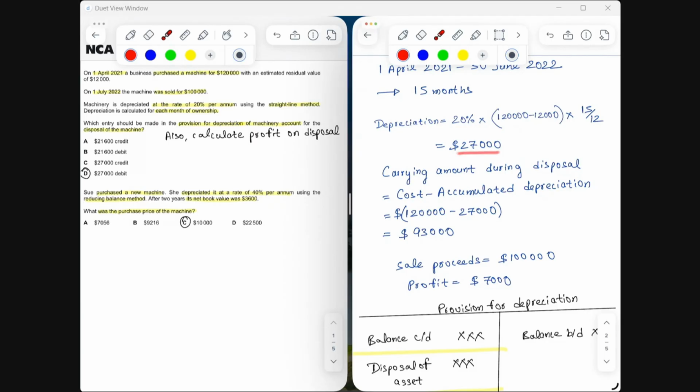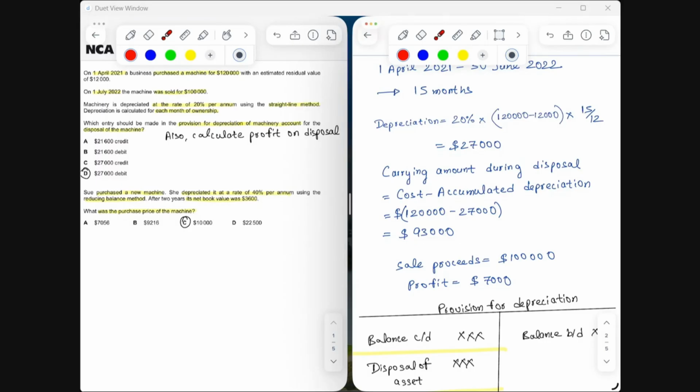Now we are interested in the carrying amount or the net book value during disposal, which is the difference between the cost and the accumulated depreciation. The cost, as we know, is $120,000 given in the first sentence of the question, and the depreciation we have for the 15 months is $27,000, which when we deduct from $120,000, we get $93,000 as the carrying amount or net book value during disposal.